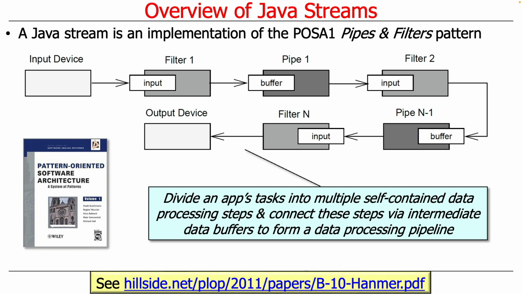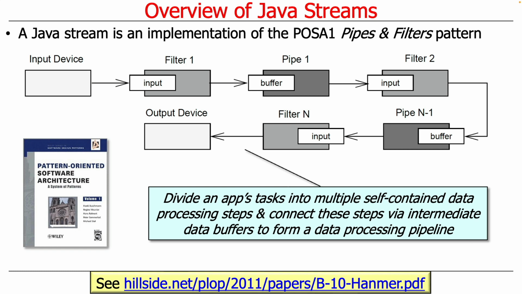You can think about a Java stream as being an implementation or a realization of the pipes and filters pattern from the POSA 1 book. There's a pattern-oriented software architecture book series. I authored or co-authored many of the books in that series. And the very first one, which I did not have an involvement with, but these are friends and colleagues of mine, talks about the pipes and filters pattern.